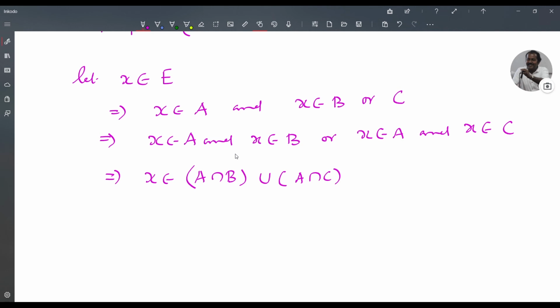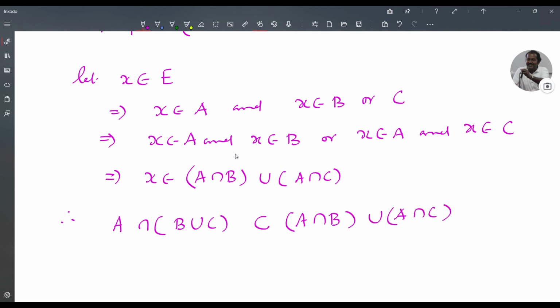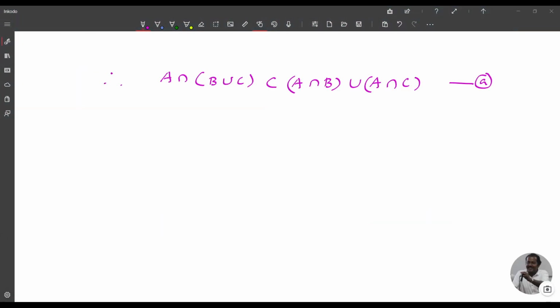Therefore, A intersection (B union C) is contained in (A intersection B) union (A intersection C). So you take this as A. So let x belongs to (A intersection B) union (A intersection C).